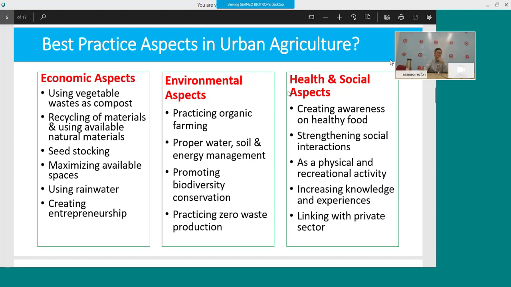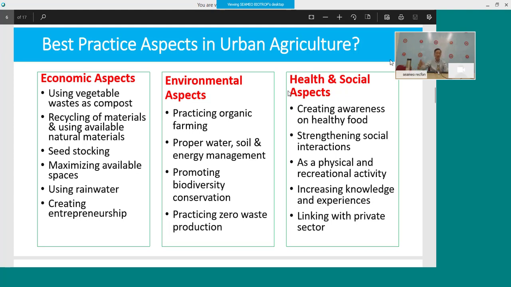But during the dry season, we don't have much water. And if your school has a problem in water supply, then using rainwater could be a best practice in terms of economics, because you save on water bills for your school when you water the plants.